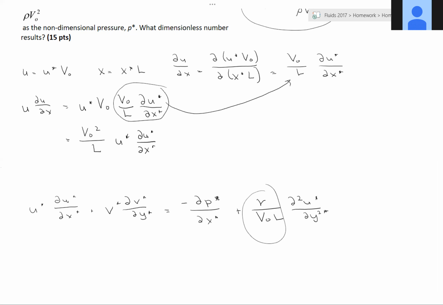Why did we? Oh, so what does show up with the rho? What happened to the rho? That's a good question. What is the kinematic viscosity equal to? I'll tell you, mu over rho.